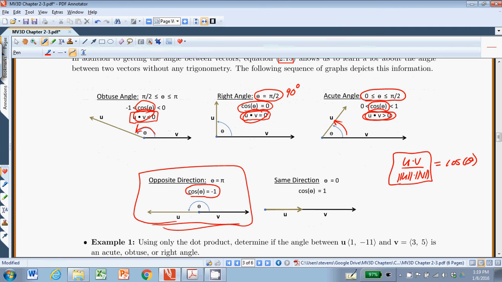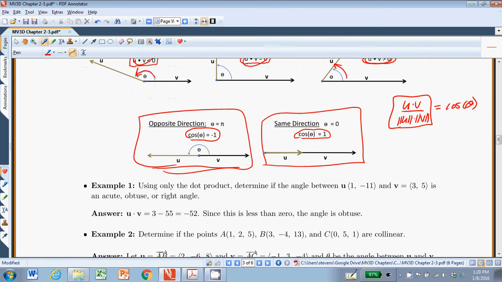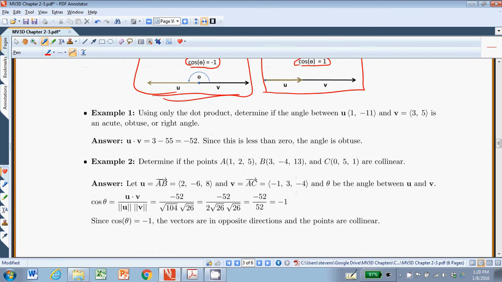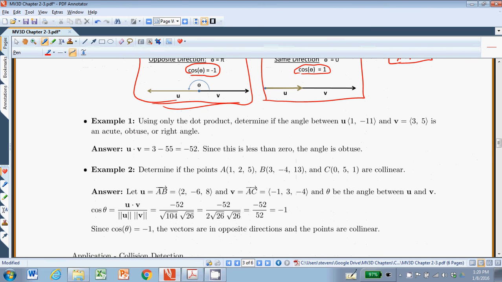The angle between them is pi, or 180 degrees. If u dot v over size u size v is equal to 1, then the angle between the two vectors is actually 0, and they're collinear, pointing in the same direction. Okay, so let's do a couple of examples here, and then we'll do one very important application. Example 1.